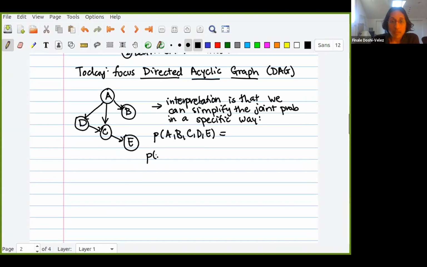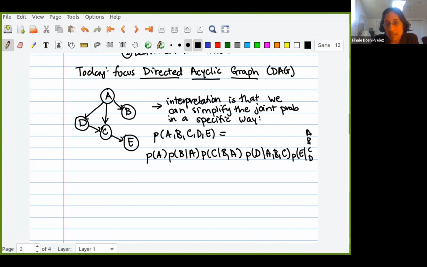So I can say this is probability of A, probability of B given A, probability of C given B and A, probability of D given A, B, C, probability of E given all the other variables. That is always true. It is always true that I can take a joint and factorize it with conditionals. But what this graph is saying is that I can simplify this in specific ways.